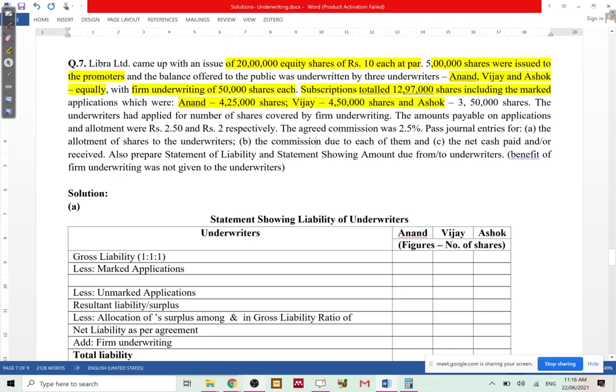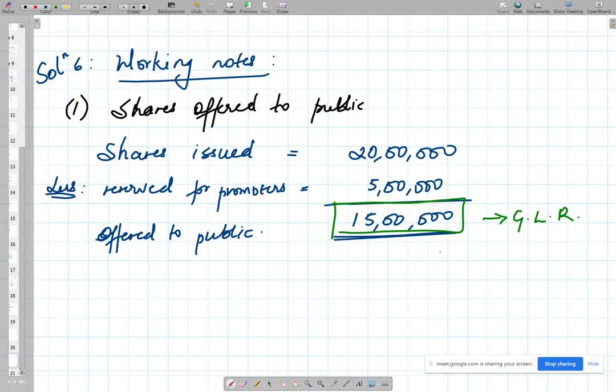Okay, first of all let's take gross liability. Now if they are saying that it is 1:1:1, what do we have to do? For Anand, Vijay, Ashok, okay, just divide equally. Take this 15 lakh and do a divide by 3, right?